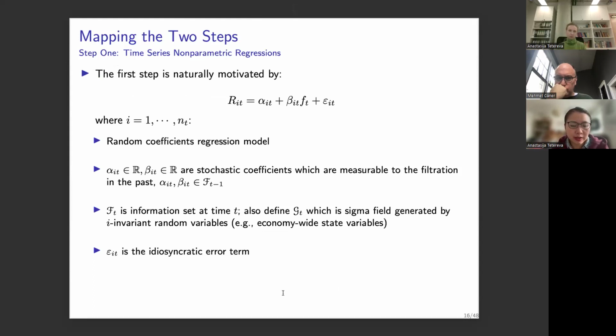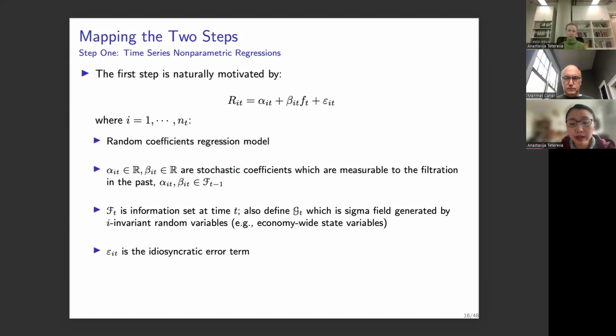As I say, the time labeling is a bit different from Anna Christensen. We see that RIT is indeed loaded on alphas and betas, contemporaneous factors, and some idiosyncratic terms. They are time-varying coefficients that are measurable with respect to the filtration in the past, which we define. So FT is an information set at time t.